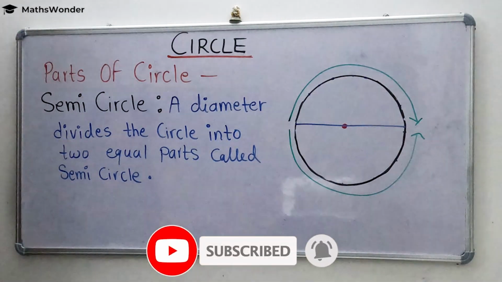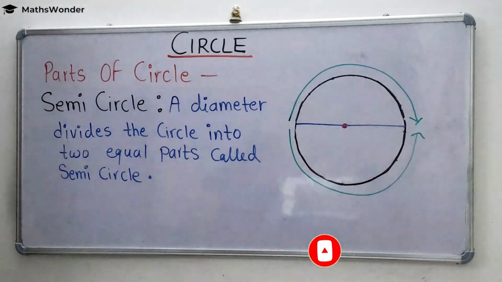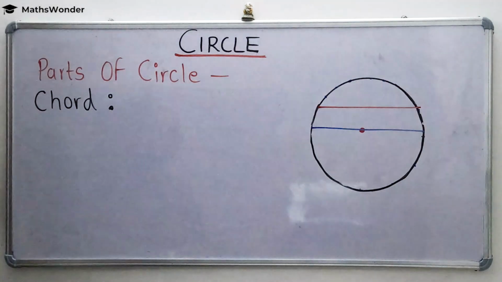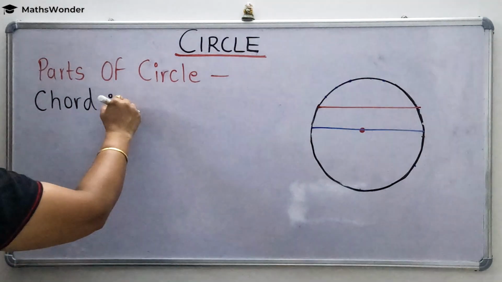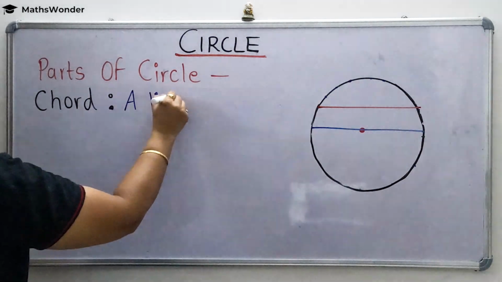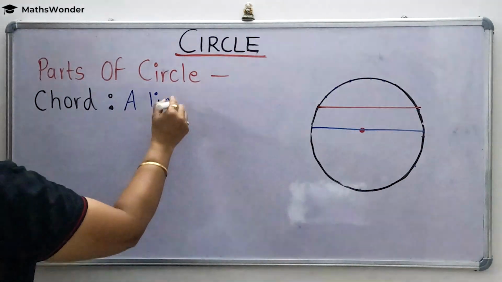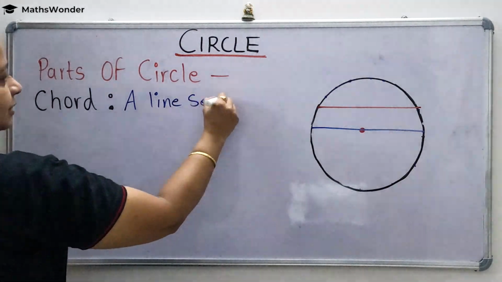Now come to the next part of the circle, the chord. The definition of a chord is a line segment having its endpoints on the circle.